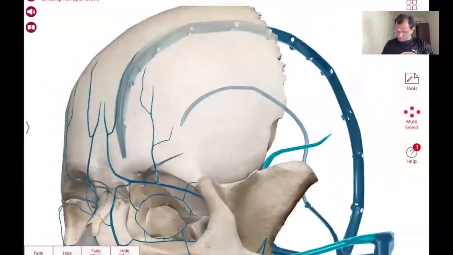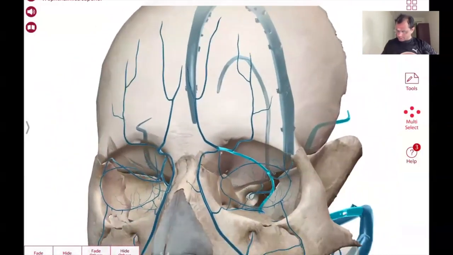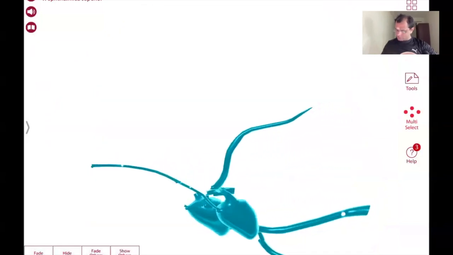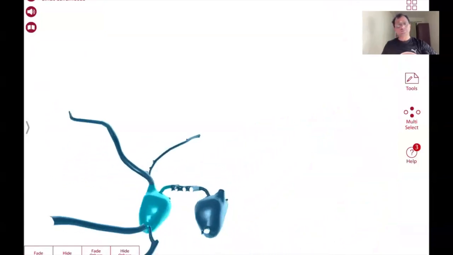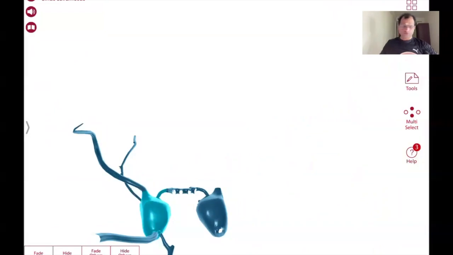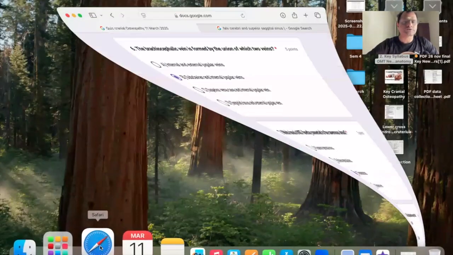The ophthalmic vein goes into the cavernous sinus. Fine. So the answer is transverse sinus.